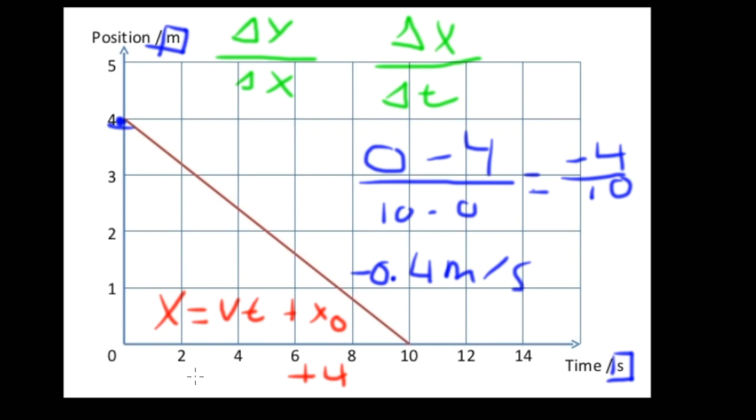The velocity is negative 0.4, and then times 10. So negative 0.4 times 10 is negative 4, plus 4 leads us to a final position of 0, which makes sense because, as you can see, it's at its starting point again, or where it was relative to this point right here, so now it's back at that point.